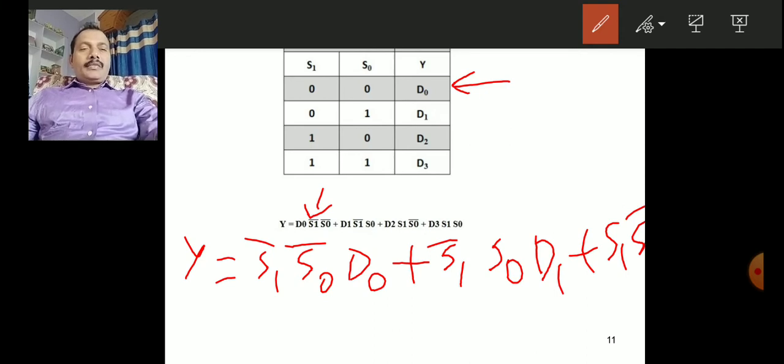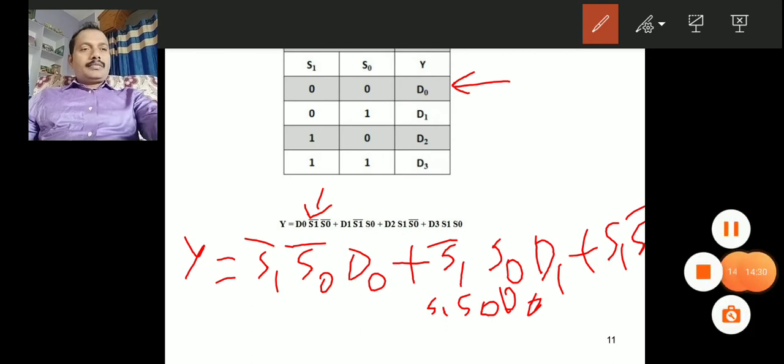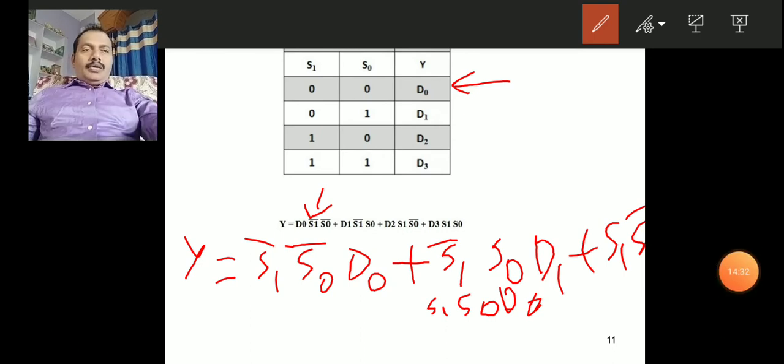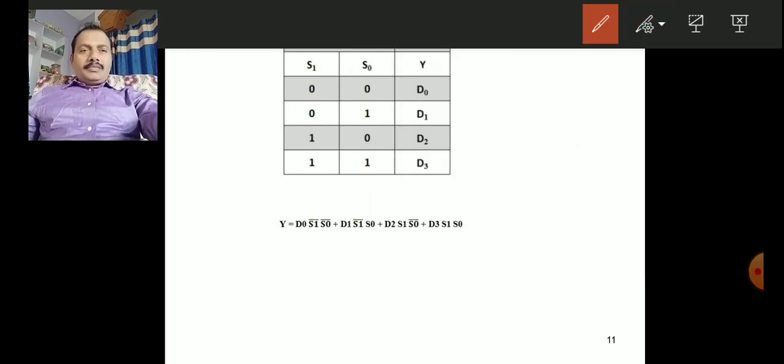Next S1 S0 D3. Now this is the way of writing the SOP Boolean expression. So the Boolean expression is available now here.